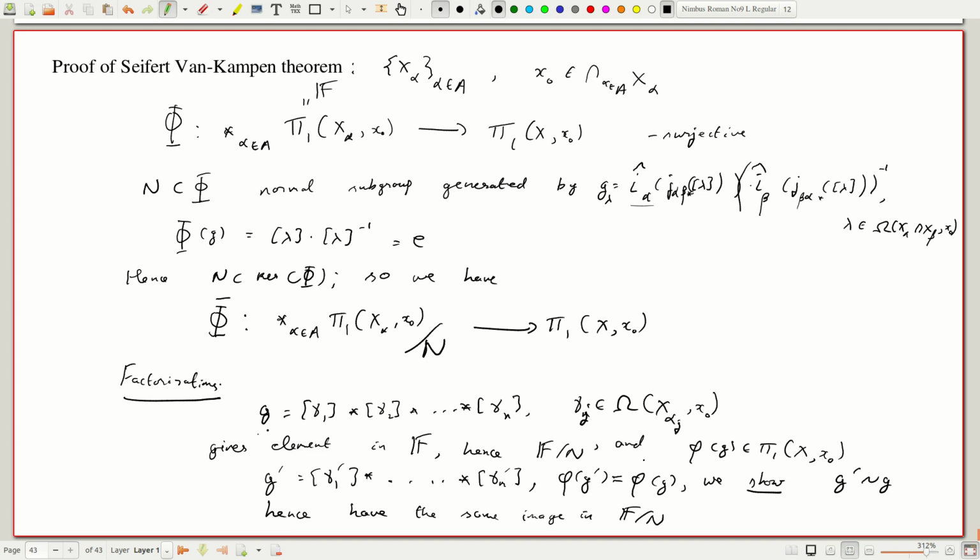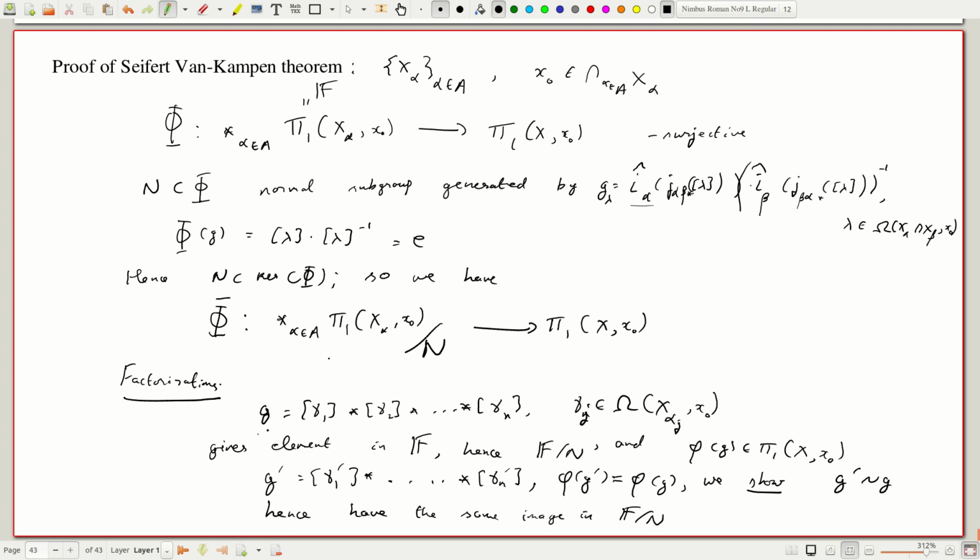So what we'll show is that if I take two elements in the left hand side here, take corresponding factorizations, and their images are equal, then the factorizations are equivalent, hence the elements we started with are the same. This is the structure of our proof. So again, injectivity: we take two different elements, take corresponding factorizations, and look at their images.